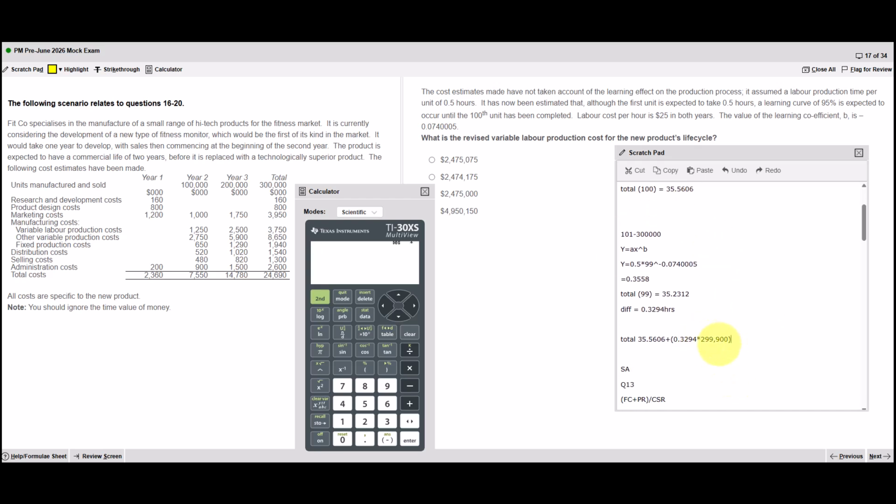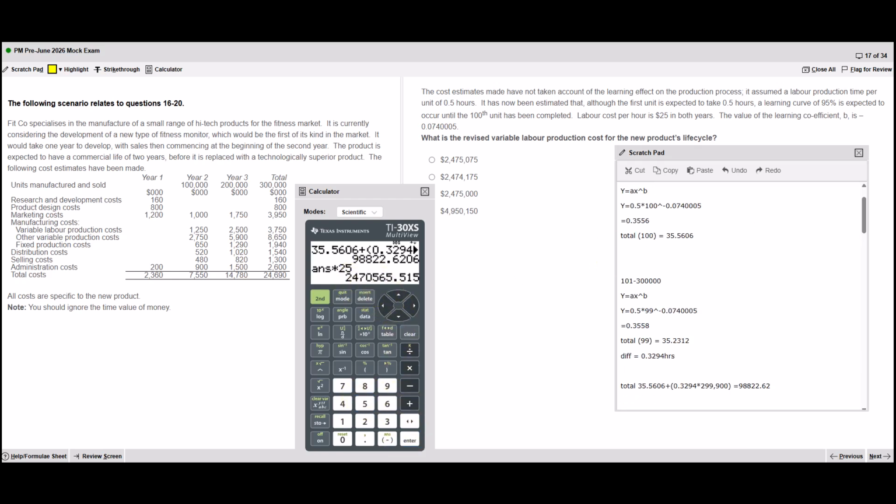So out of the 300,000, the rest will be taken this amount of time. So using my calculator, using the bracket function, 3294. So this now tells me the total number of hours used, and at 25 per hour gives 470,565. So now I have a problem because this doesn't match any of the answers.